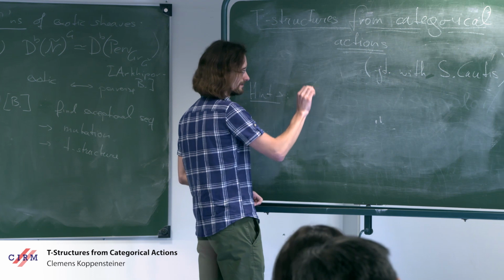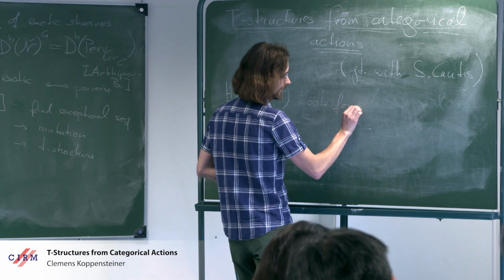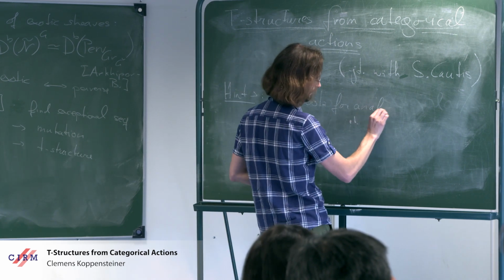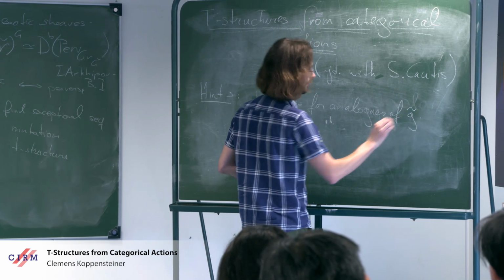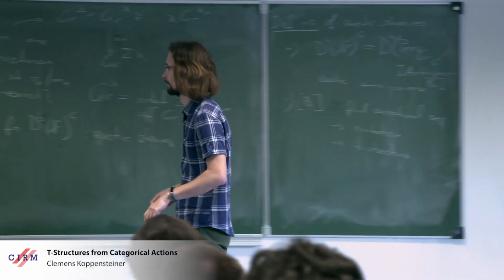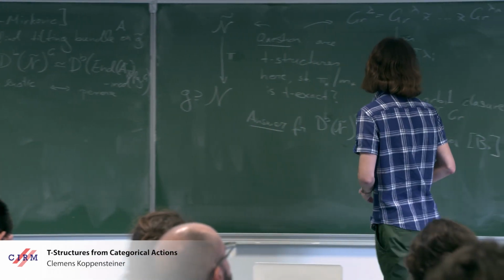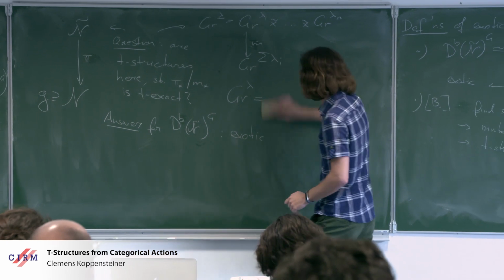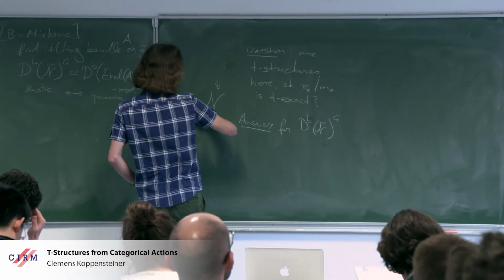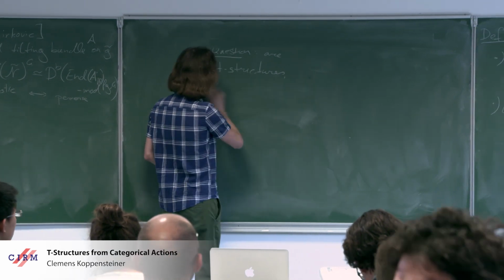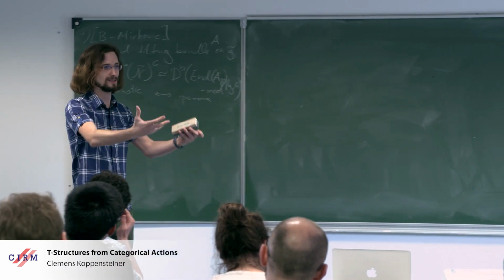The first thing is look for analogs of G tilde. And the reason why this is important will come up later, but essentially you have just more space to play with if you look at a bigger variety.